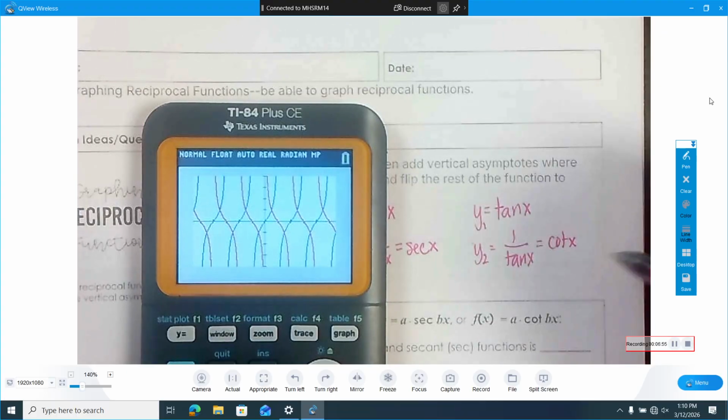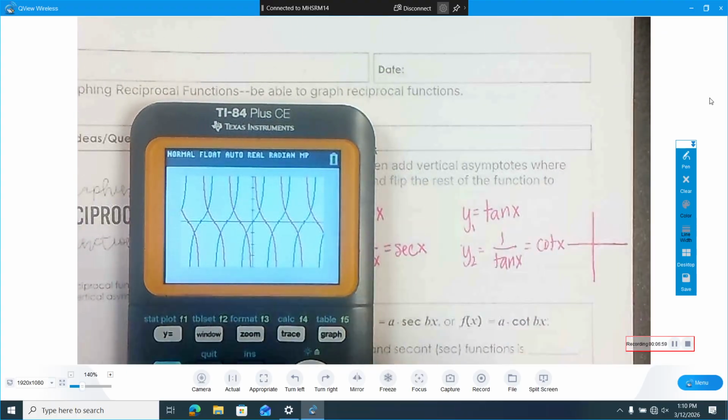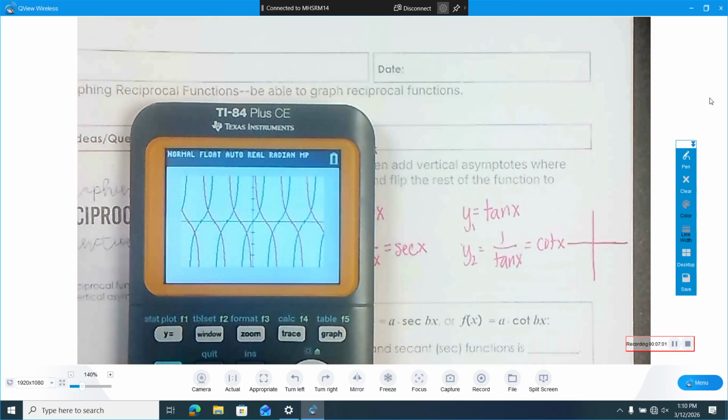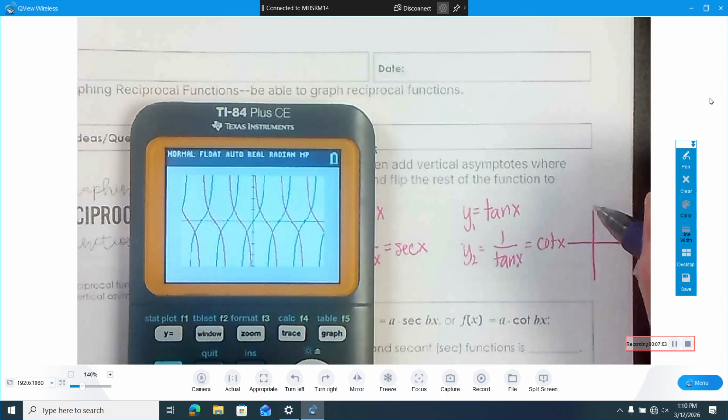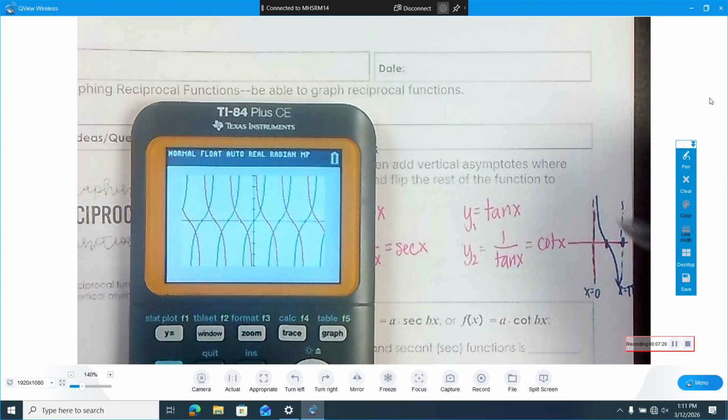And so cotangent, you might want to draw a little sketch on your sheet here to remind you, just kidding. It has vertical asymptotes here at x equals 0 and at x equals pi, and at pi over 2 is where it hits the axis, right in between.